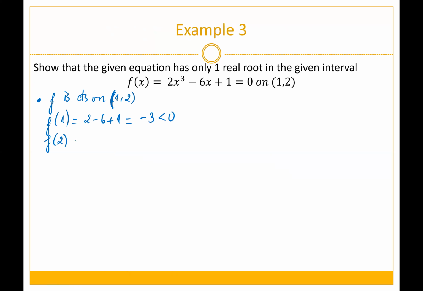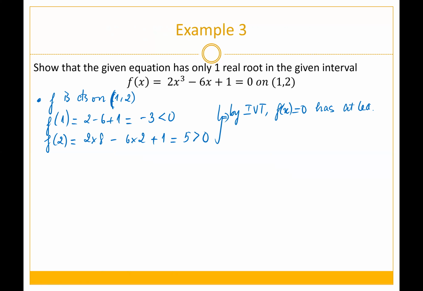Then f of 2 is 2 multiplied by 8 minus 6 multiplied by 2 plus 1, which gives 16 minus 12 is 4 plus 1 is 5, bigger than 0. Then by the intermediate value theorem, f(x) equal to 0 has at least one real root in the interval from 1 to 2.